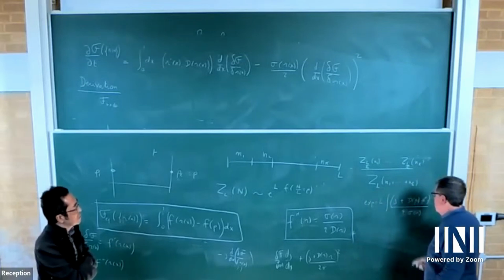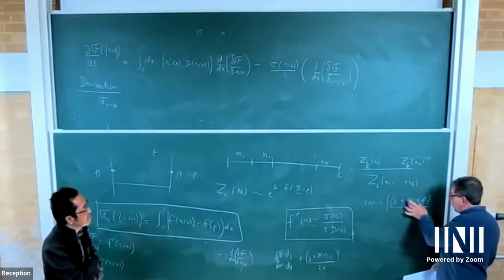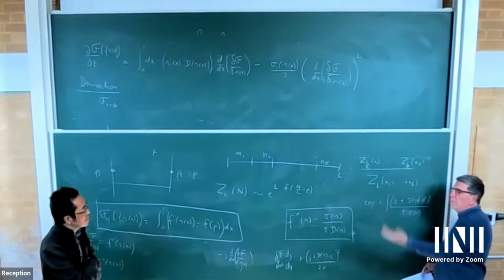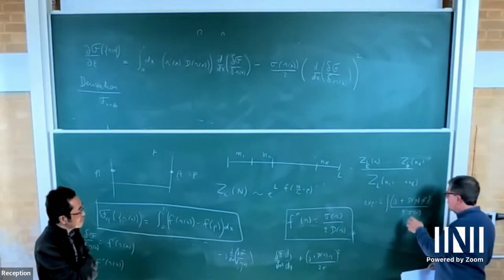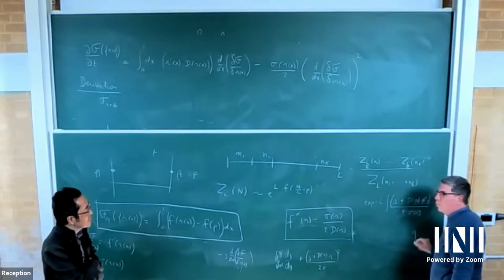Fine. So first it's a function. Okay, it's a function of the shape R. Okay, but R plays a role in the dynamics of T.